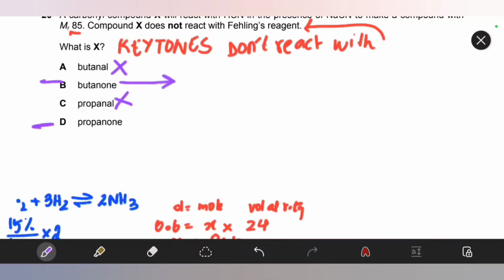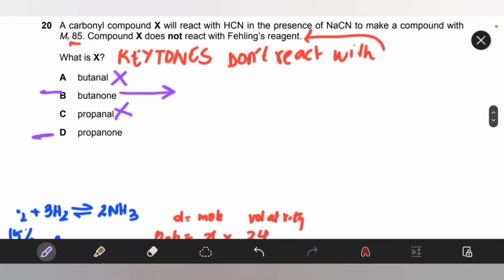So the product with butanone, if butanone is this, right?